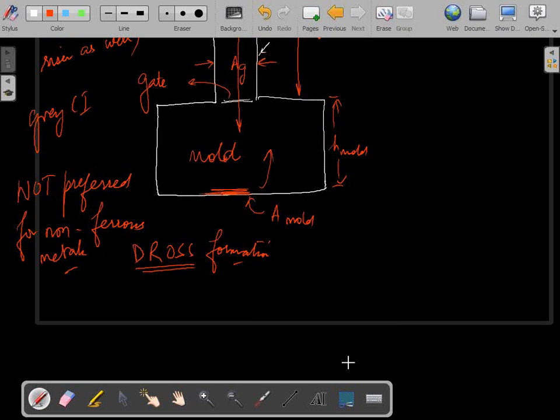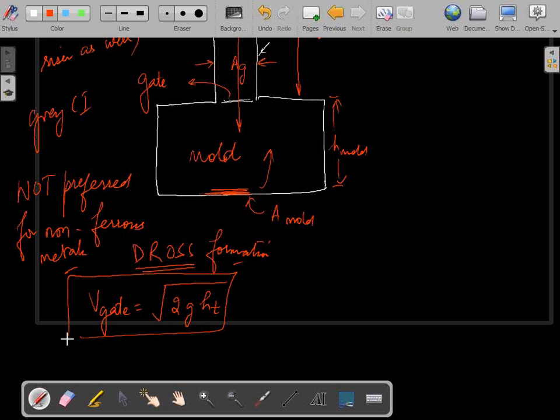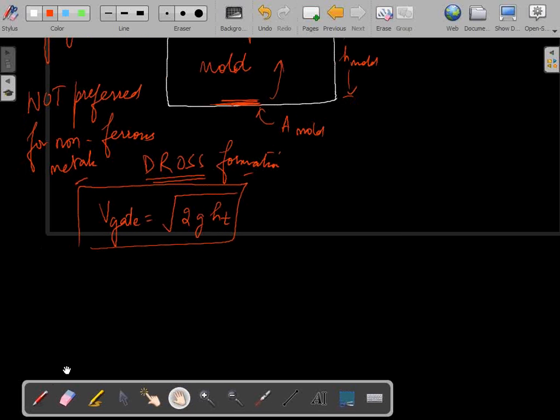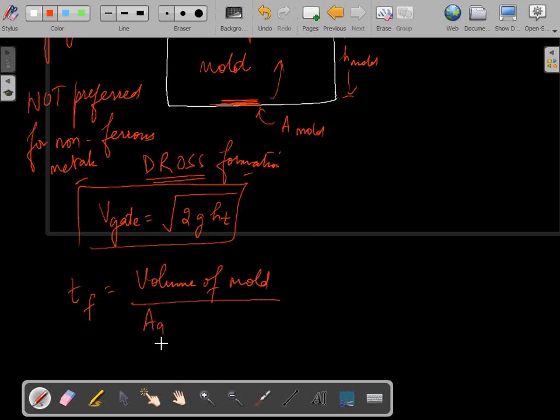See, the velocity of liquid through gate will be root 2 g ht. This will be the velocity through gate. Now, if we have to find out the time taken to fill a mold cavity with the help of top gate, it will be equal to volume of mold divided by area of gate into velocity at gate section.